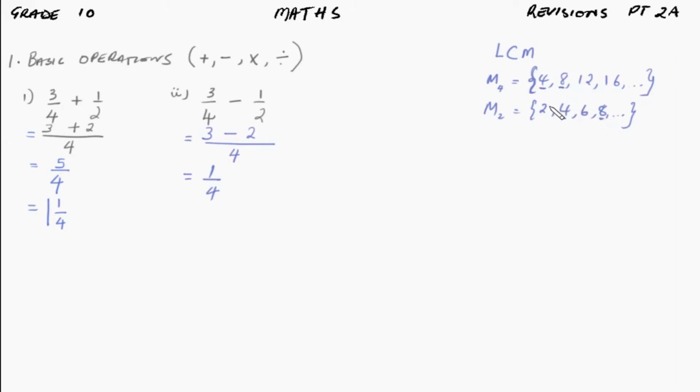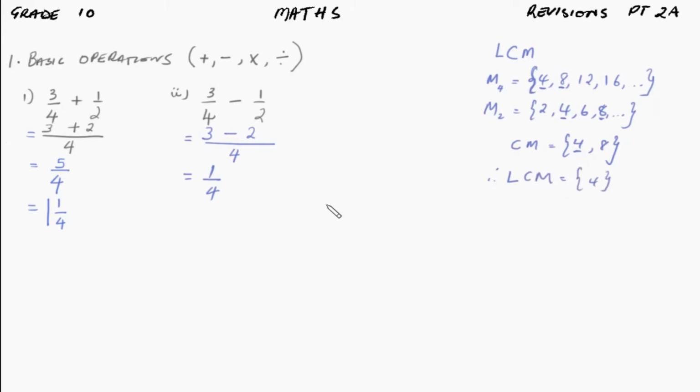So the common multiples are 4, 8. Now what we use here is the lowest common multiple. Amongst these, the lowest is 4. So that means, therefore, the lowest common multiple equals 4.